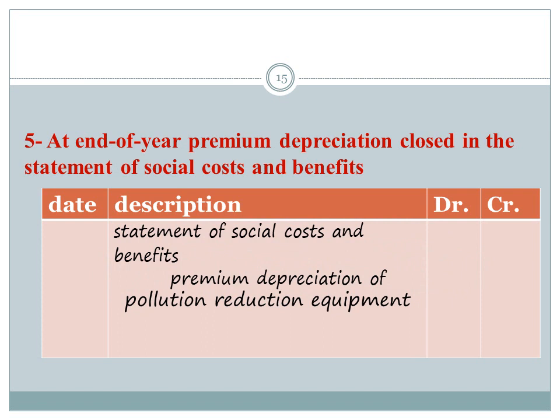Statement of social costs and benefits, debit. Premium depreciation, credit. It means that premium depreciation leads to reduce our profit, so the statement of social costs and benefits will be in the debit side.